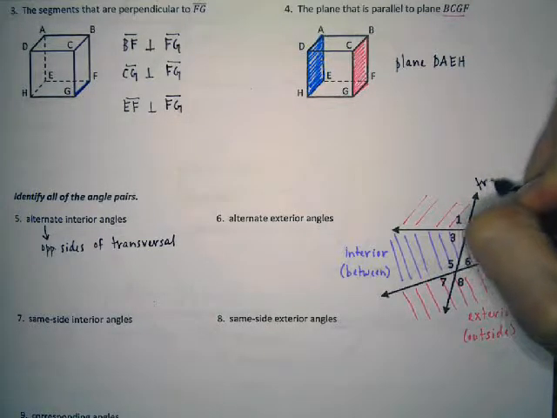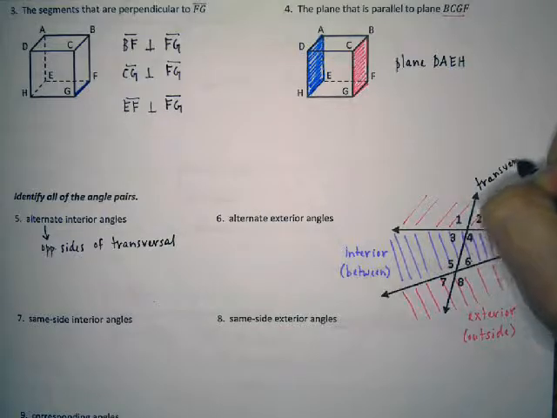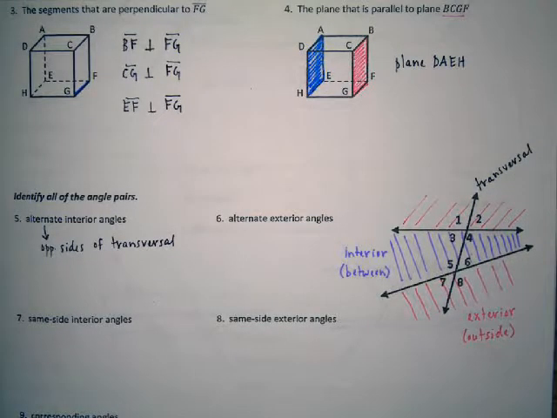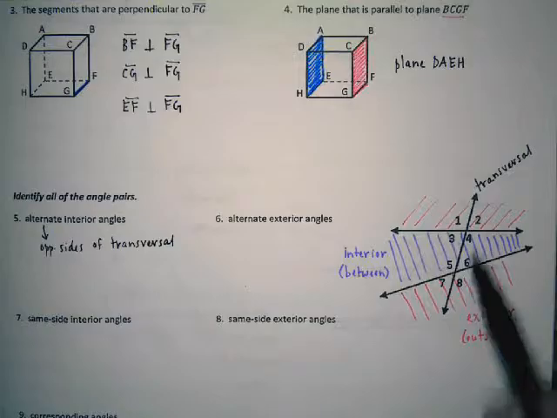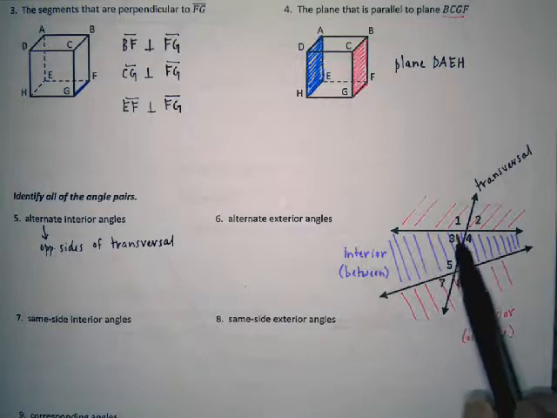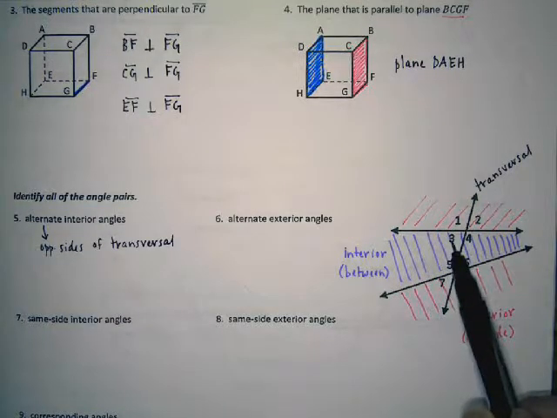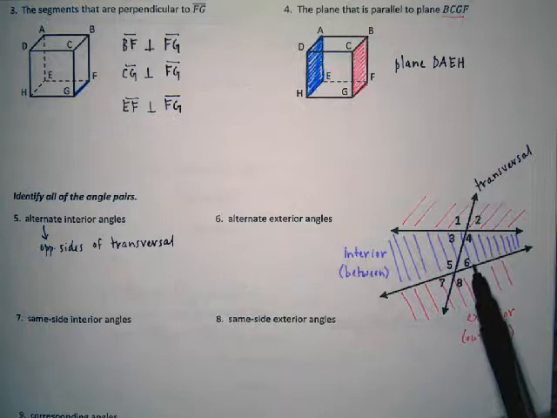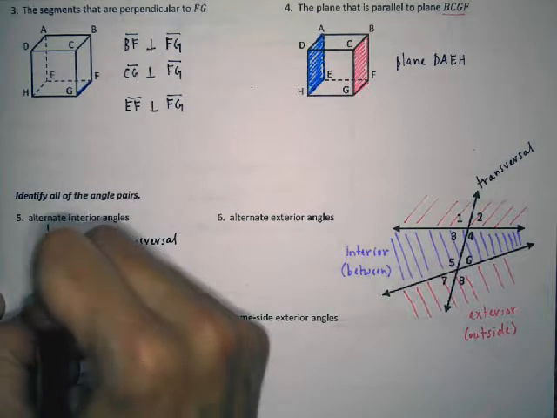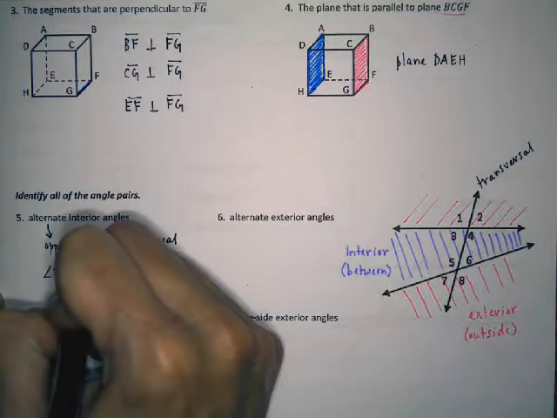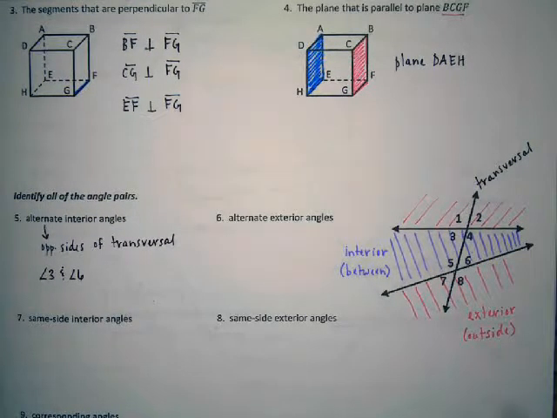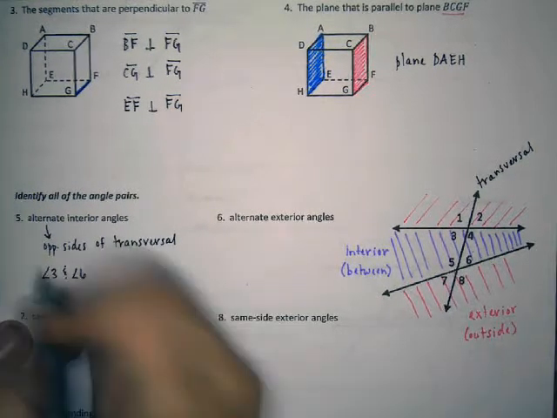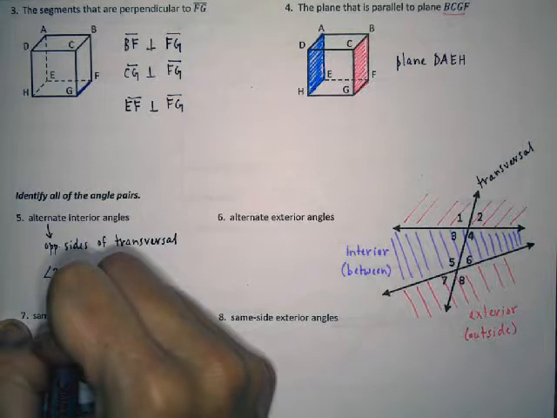This line here is our transversal because it intersects those other 2 lines. So now, if I'm on the inside and I need alternate interior, if I start with angle 3, I know its partner on the opposite side of the transversal is angle 6. Likewise, if I pick angle 4, its partner is going to be angle 5.